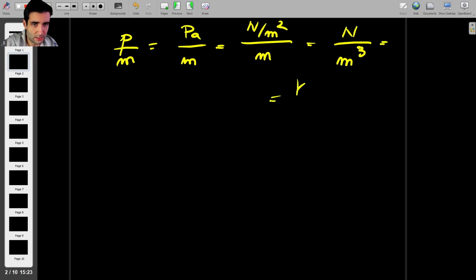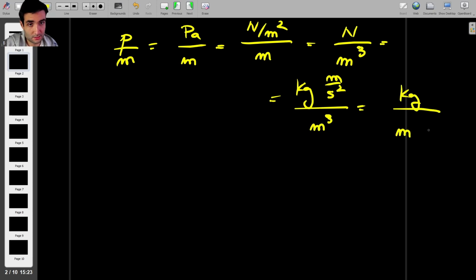And Newton is kilogram meter per second squared, over meter cubed. So that is kilogram meter squared second squared, or kilogram m to the minus 2 s to the minus 2.